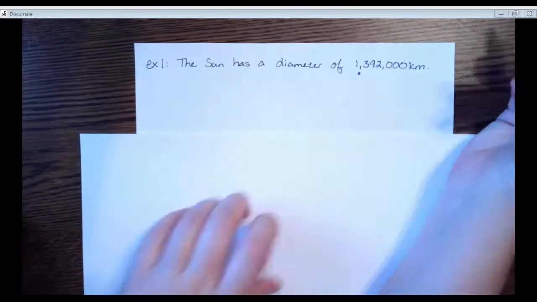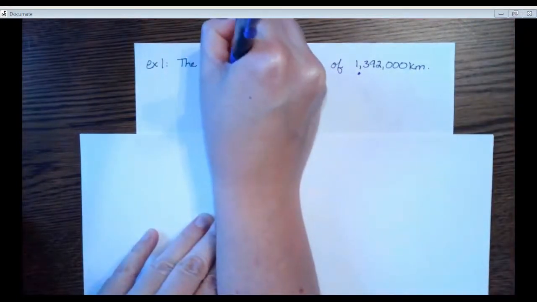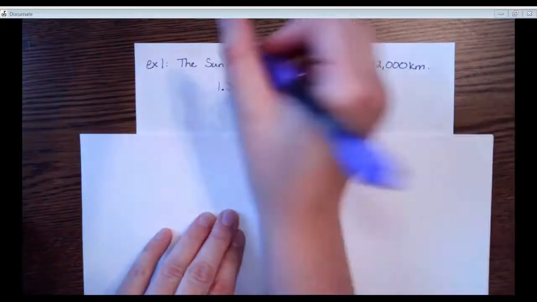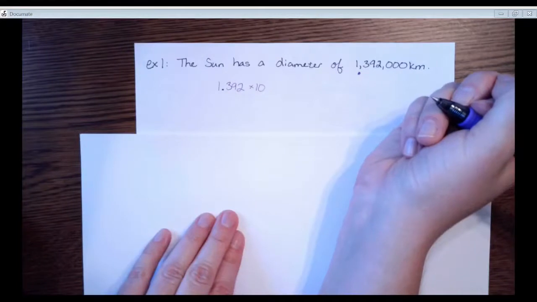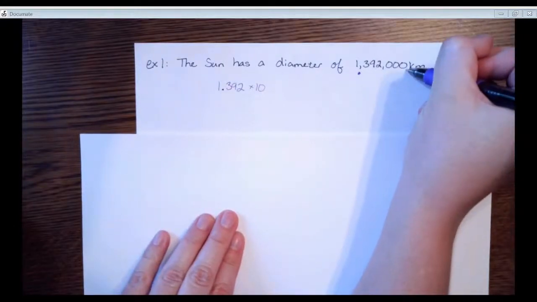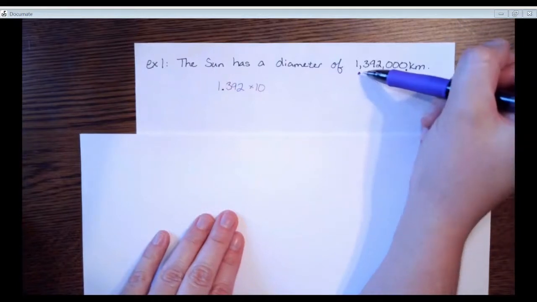And I can go ahead and start to write out that beginning. So 1.392. And we're going to multiply that by 10. Okay, so then the next thing is we need to figure out how many times we move the decimal point. So originally it is here at the end, kind of an invisible decimal point. And we're going to count how many times we need to move it over in order to get between the 1 and the 3.